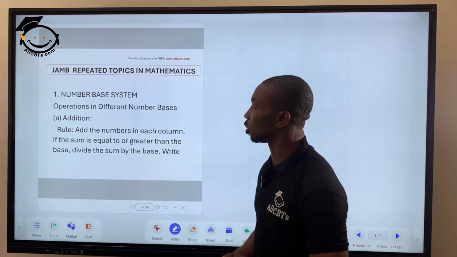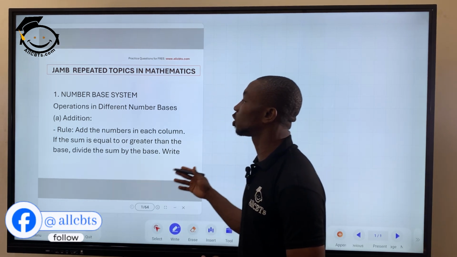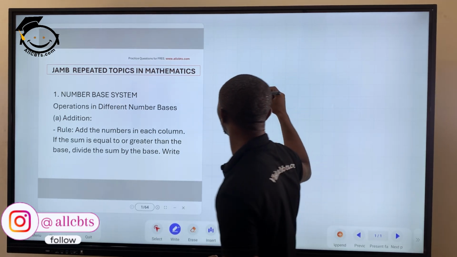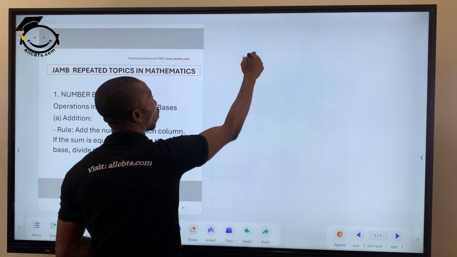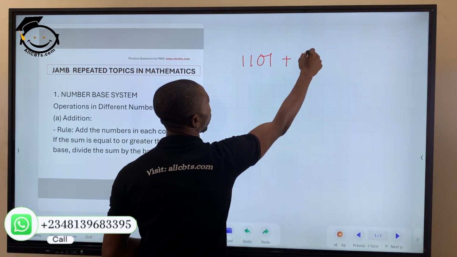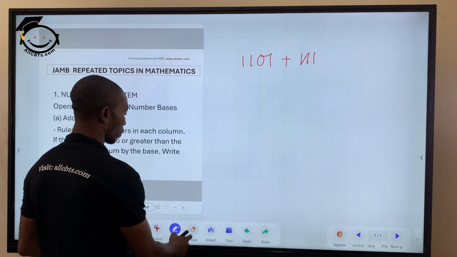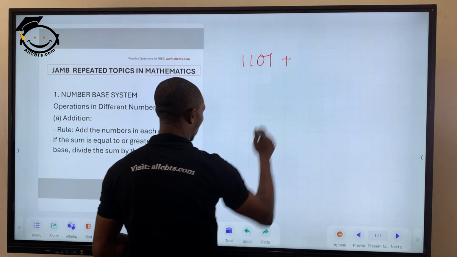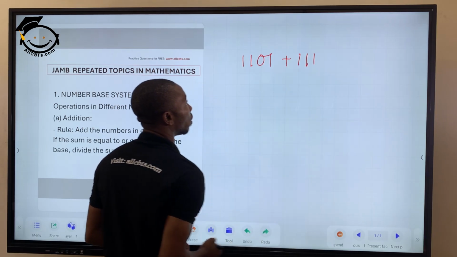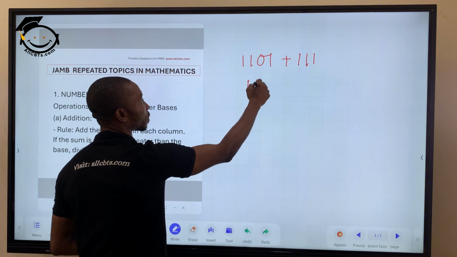So starting with addition. Our rule is that we add the numbers in each column. Let's say for example, in base 2, we have 1101 plus 111. If we want to add this, we put them in our unit forms.